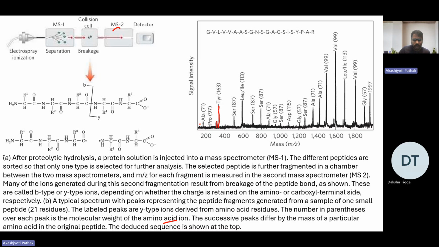And once you obtain the molecular weight of that amino acid, then you can determine which amino acid is present in the next peak that is not present in the earlier peak. Okay. So from here, they have deduced the sequence of the 21 amino acid residue peptide.